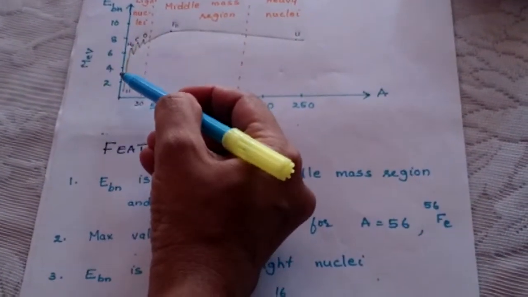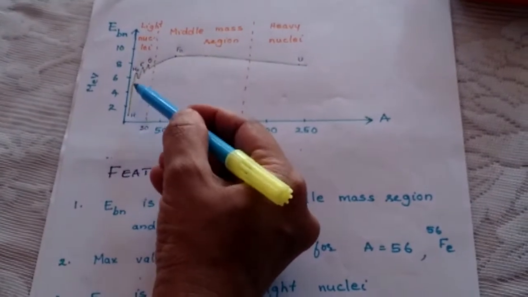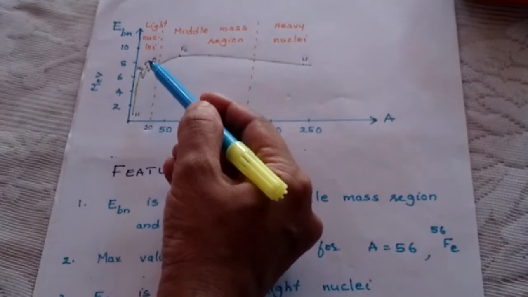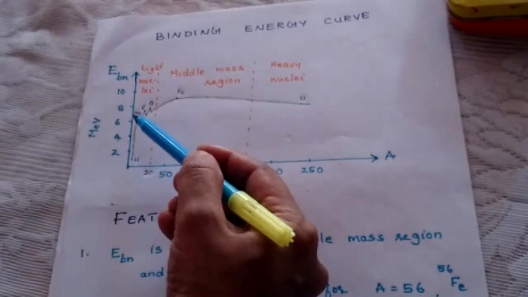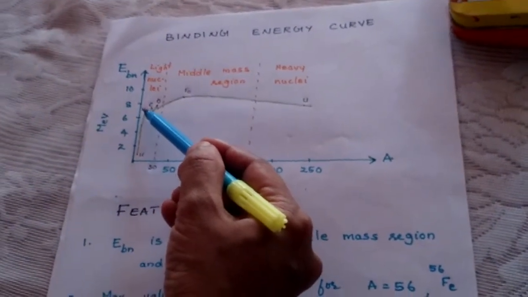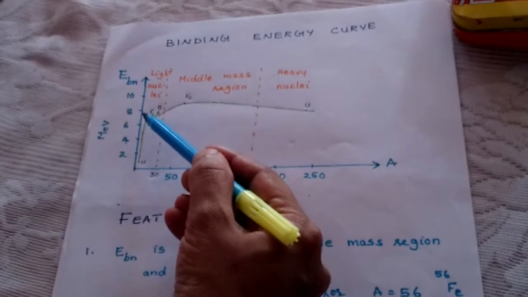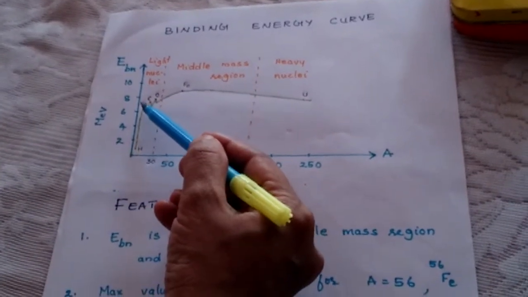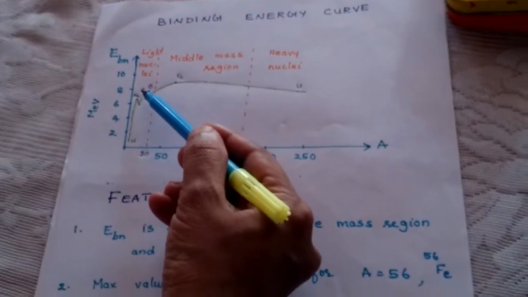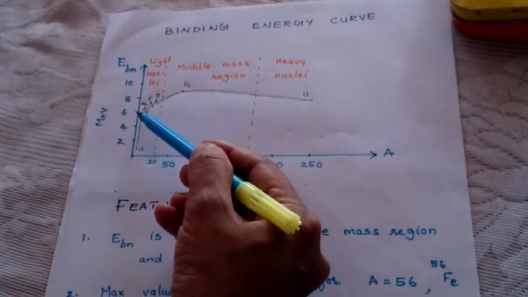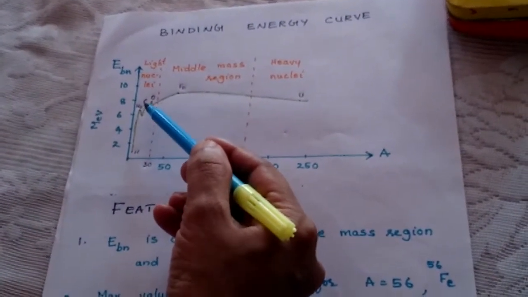So in order to attain stability, light nuclei fuse to form heavy nucleus. For example, 2 hydrogen nuclei fuse to form a helium. Helium is more stable. So in this process, the binding energy increases, so energy is released. And this process is known as nuclear fusion.